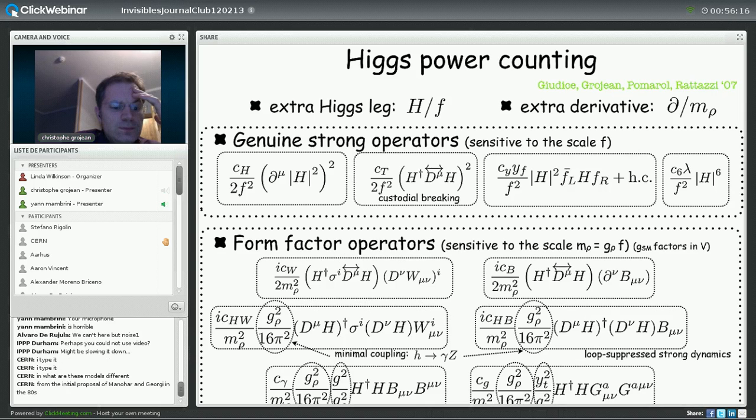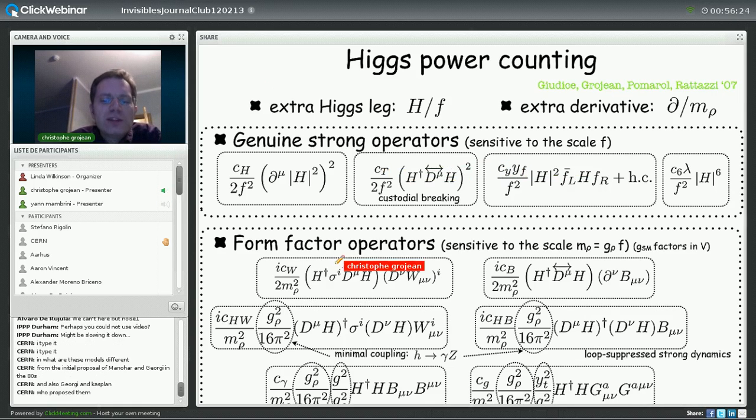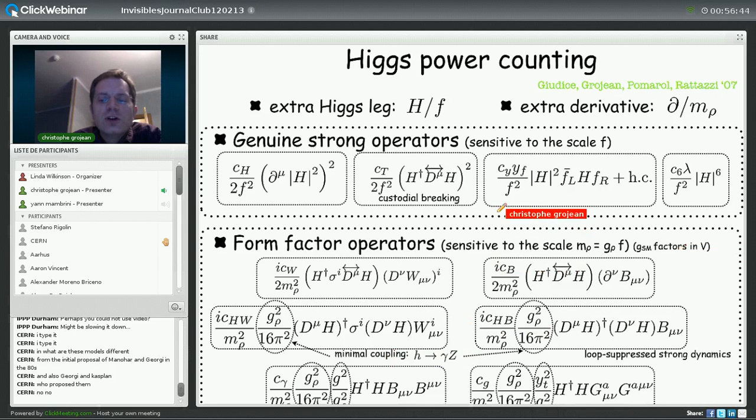So I can repeat the question. Belen was asking in which sense this classification is different from the model proposed by Manohar and Georgi in the 80s.